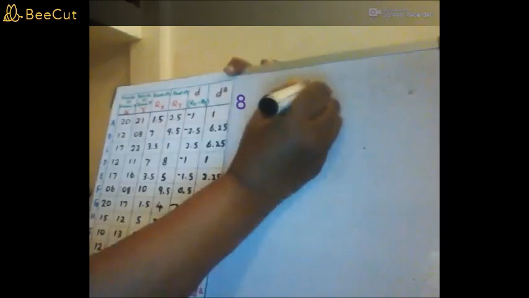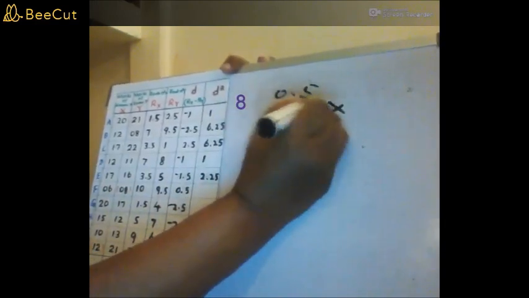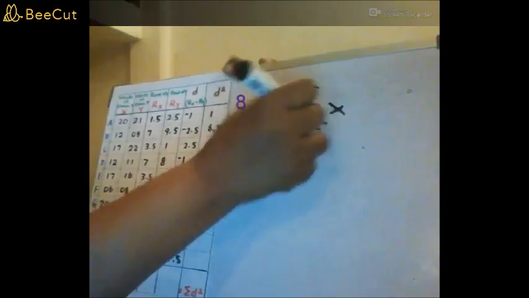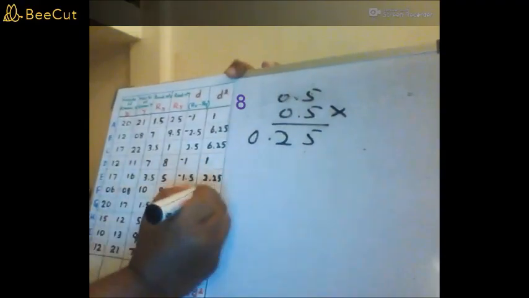Then 0.5 into 0.5: 5 into 5, 25. There are 2 values, 1, 2. So 0.25.